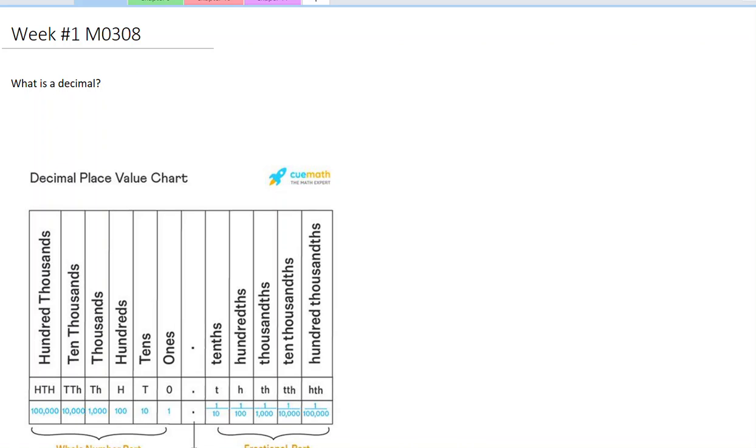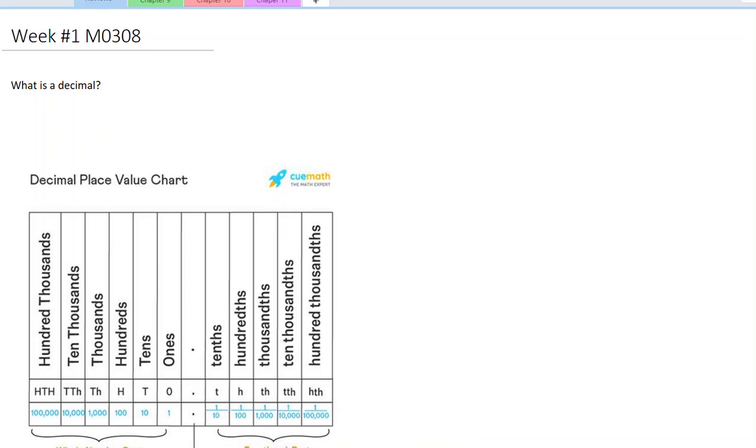So we begin with the definition of a decimal. A decimal is done division on a fraction.